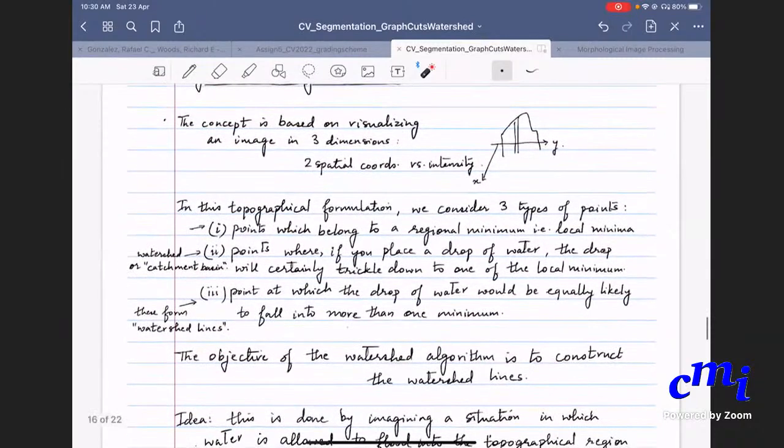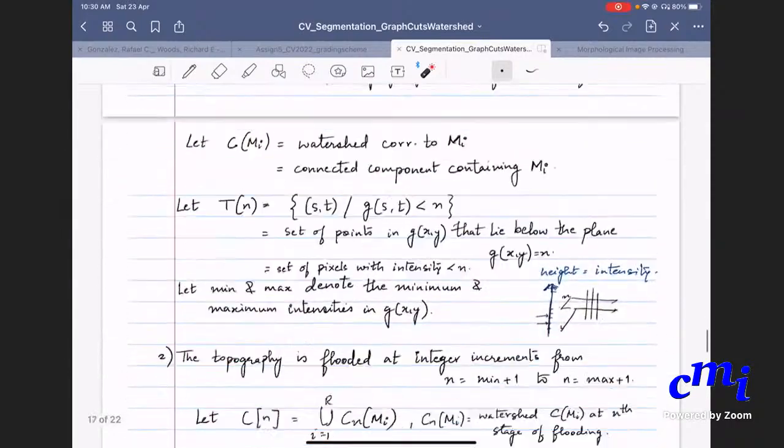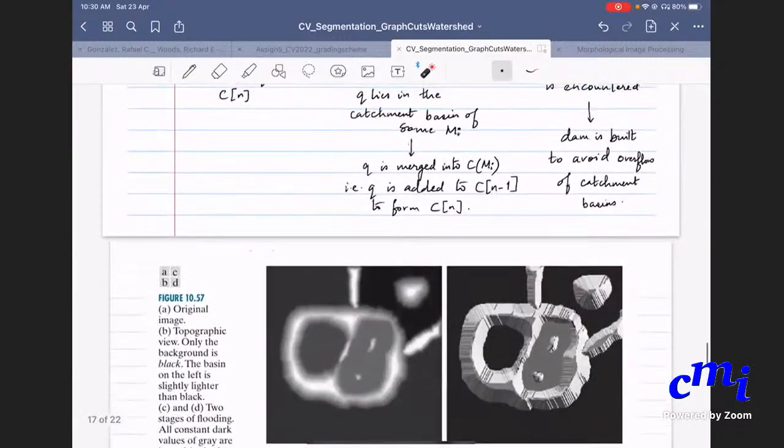Okay, so here in watersheds, what is done is you imagine your image in 3D, so you have your pixels on the XY plane and intensities on the Z axis. Okay, so let me just show you a picture right away. So here is the image, and you view this as a topographical image, which means now you're viewing the pixels in the XY plane.